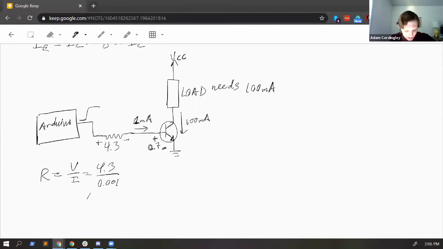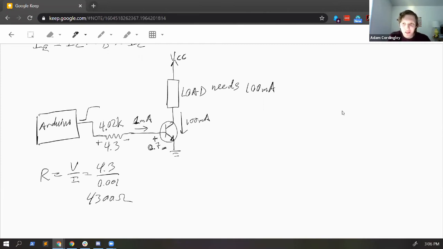So basically this is 4.3 times 1,000. That's a 4,300 ohm resistor, which might be a little tough to find, but one that is fairly easy to find, all things considered, would be about a 4.02 kilo ohm. Why not 4 kilo ohms?